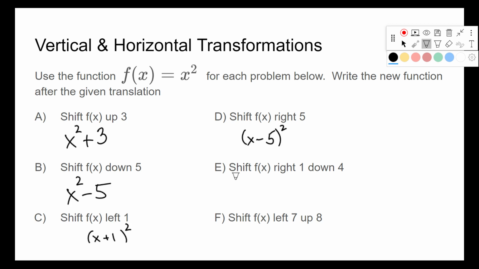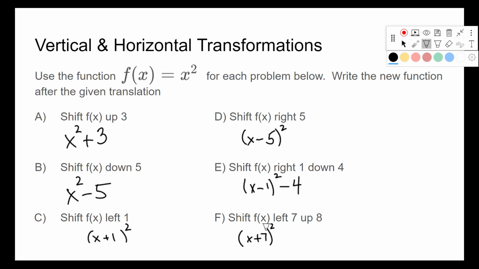Now, if I want to combine them, I want to go 1 right and down 4. Well, that would be take x, subtract 1, and square it. That moves it 1 to the right. And then down 4, minus 4 at the end. If I want to go left 7, up 8, take x, add 7, square it.